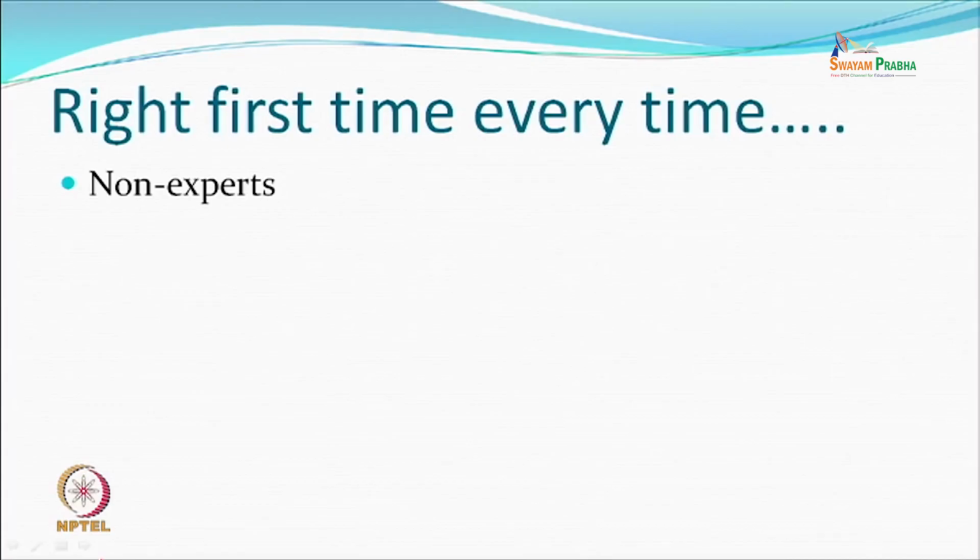If non-experts can find your fault, then you can't sell it. In many other things which are, let's say, finishing, which adds a lot of value, non-experts can't tell you what is the fault.